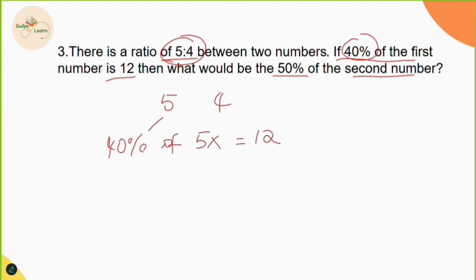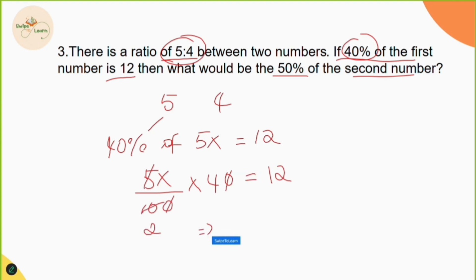And we can calculate them using percentages. 5x divided by 100 into 40 equals 12. We can cancel the 0 here and 5 ones, 5 2s. That implies 4x equals 24. Again, x becomes 6.